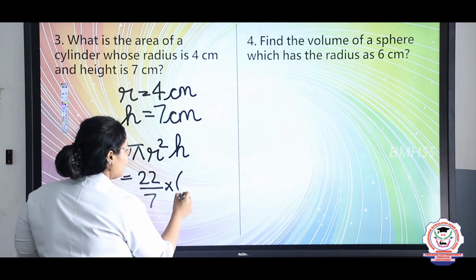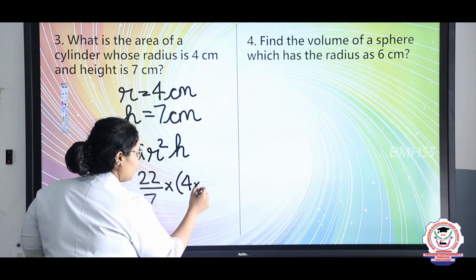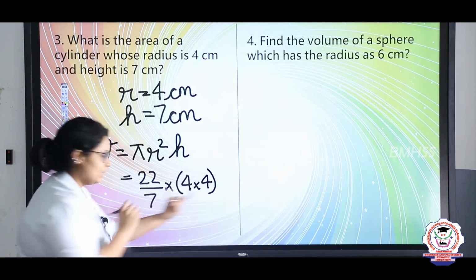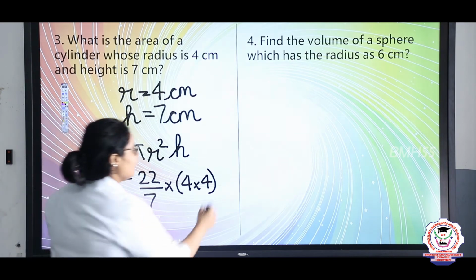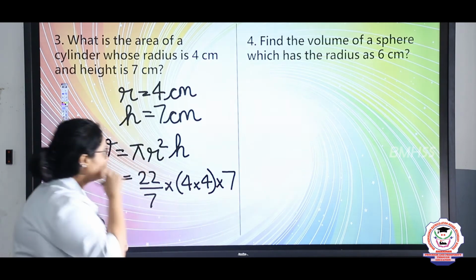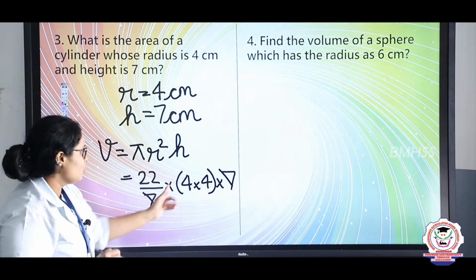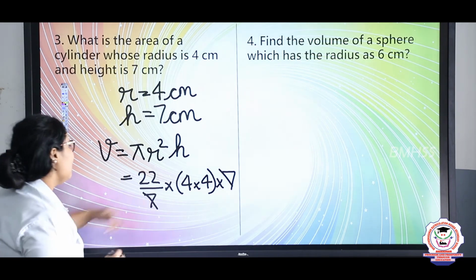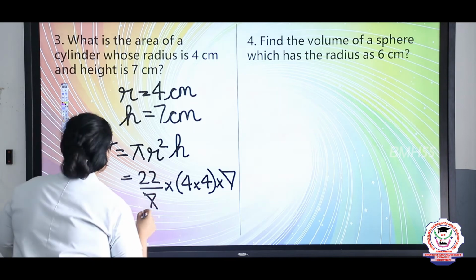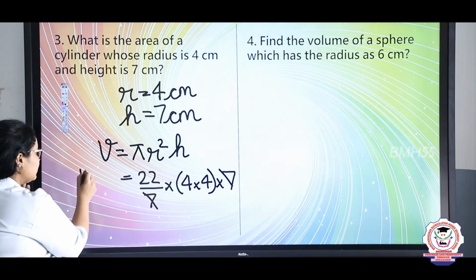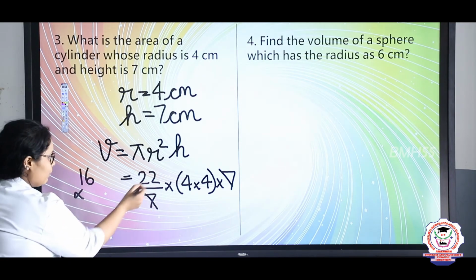R square is what? 4 multiplied by 4, that is r square, multiplied by 7, that is the height. So here we can directly cancel this, right? So 4 4s are how much? 4 4s are 16. Now we need to calculate what it is. So it is 16 multiplied by 22.